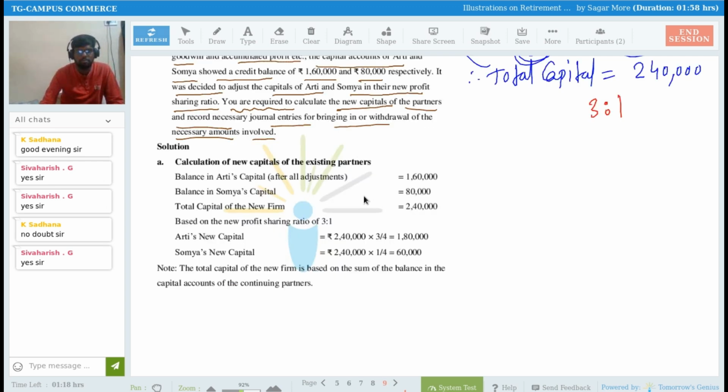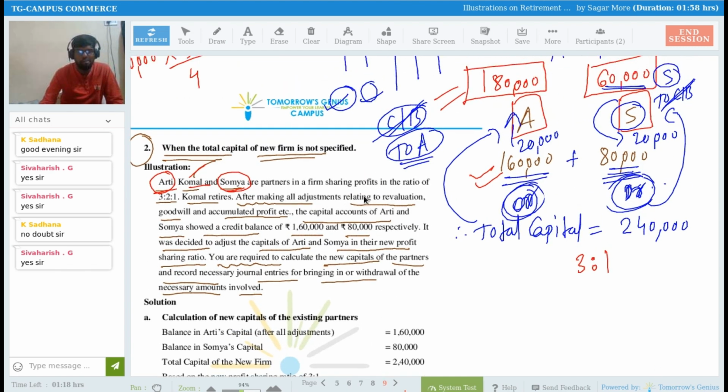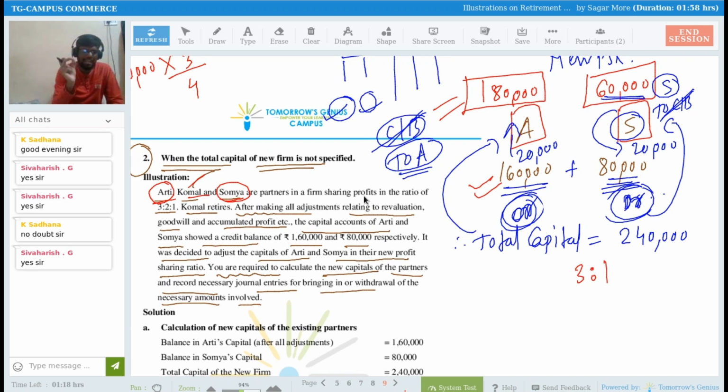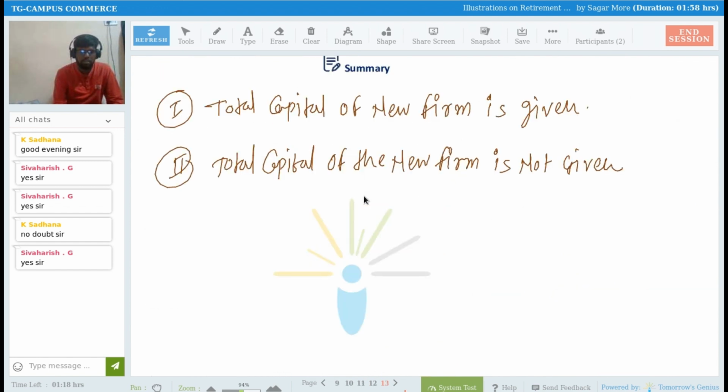See, second one, if the total capital of the new firm is not given, what do we have to do? So we have to add their adjusted capital and distribute the same as per their new profit sharing ratio. Simple. See, in my example, 160 and 80. We added that, it comes to 2,40,000, and then we distribute the same into their new profit sharing ratio, right?